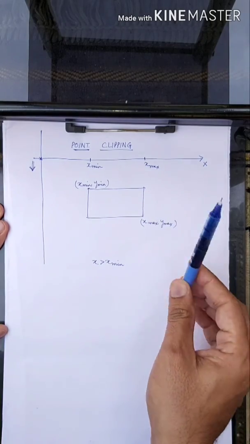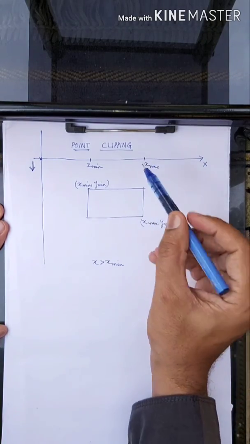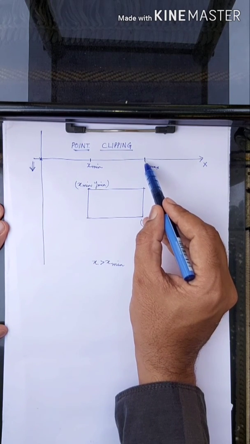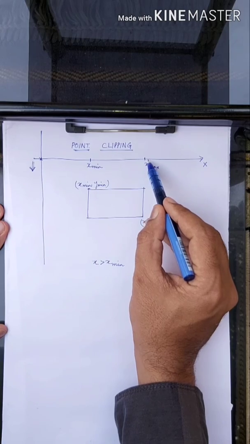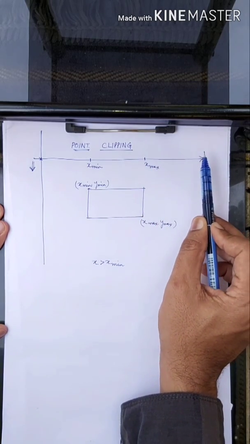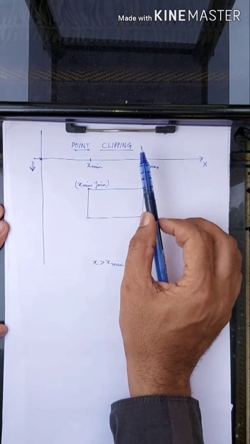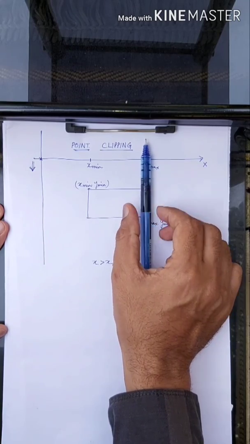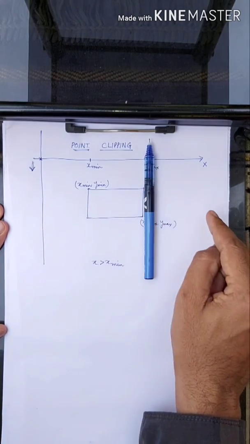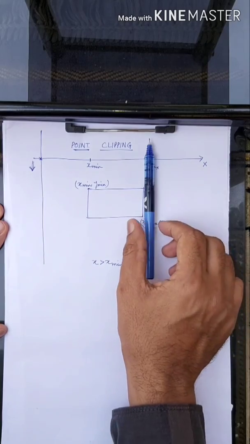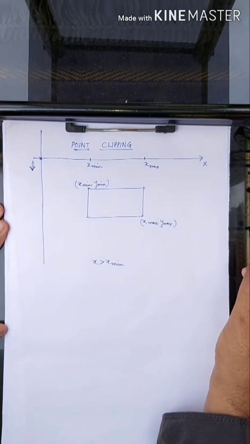And similarly, focus on this value of x coordinate, x max. Any point having x value greater than x max will be on the right hand side of this point. So this will also be out of the window.